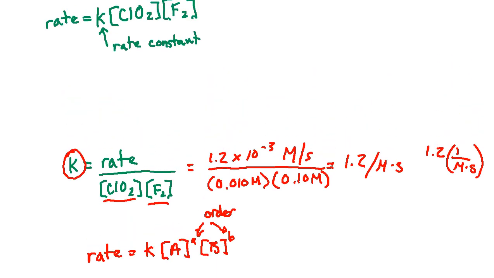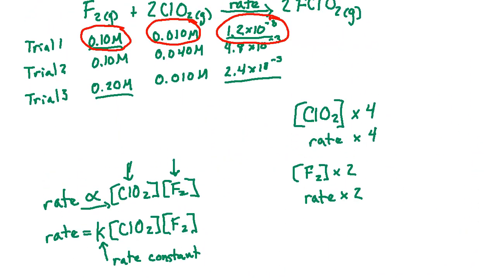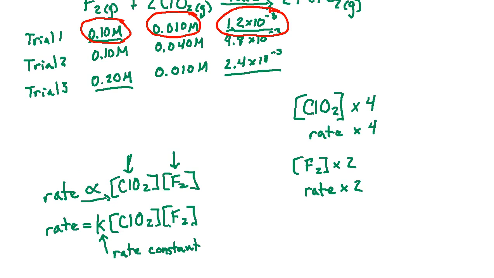So if I go up, we already determined this, we just weren't aware we were looking at order at that time, right? So if I look at the change in concentration when I go from 1 to 4 times, or fourfold in its change for the ClO2, I saw a fourfold change in the rate. So what does that mean?